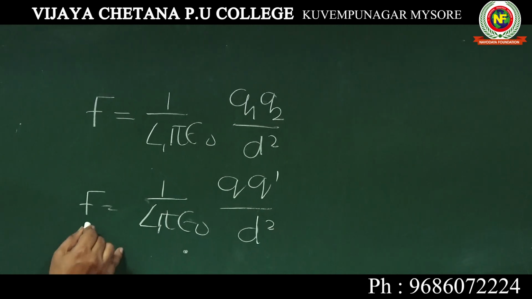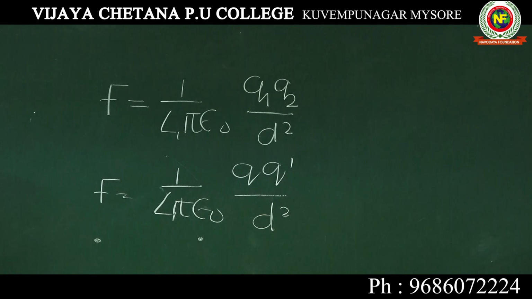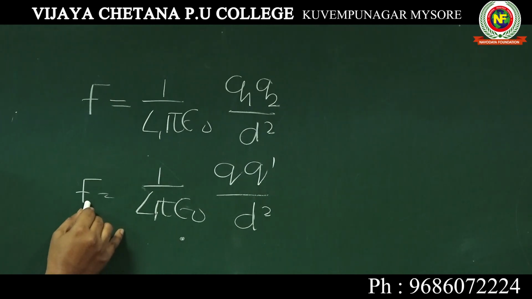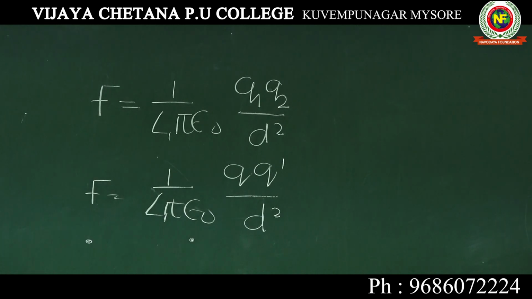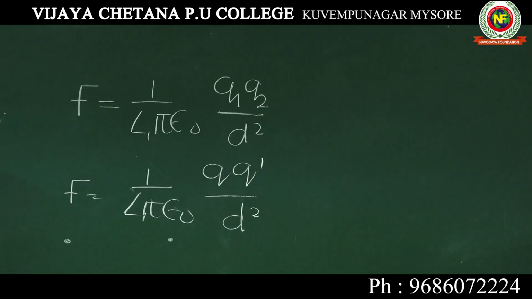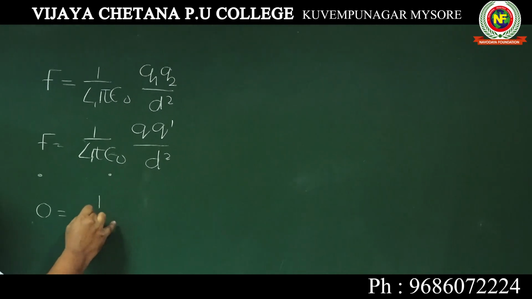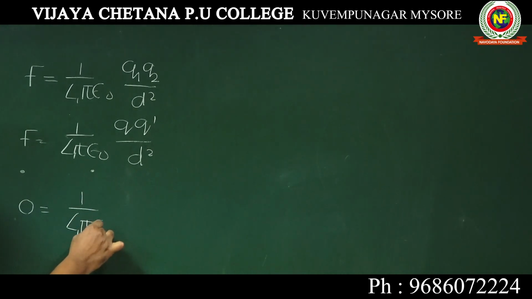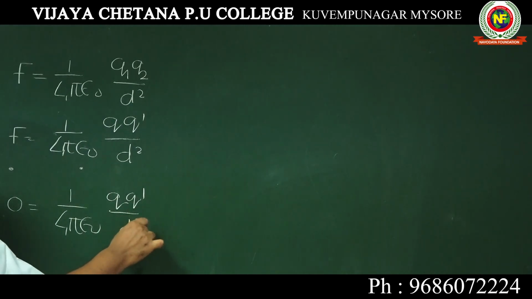Now, this force will become zero in the region where there is no field. Okay? If you say there is no field due to this charge, if the field is not there somewhere around it, then at that point force must be zero. When force becomes zero, it is 1 by 4 pi epsilon naught QQ dash divided by d square.